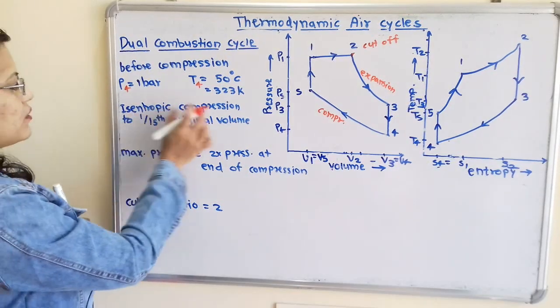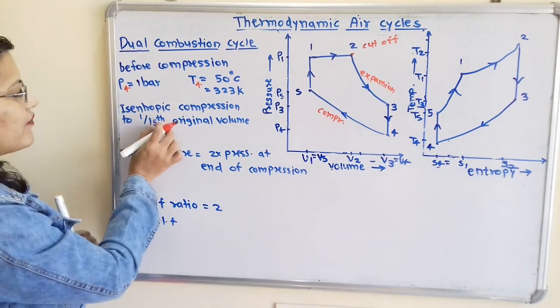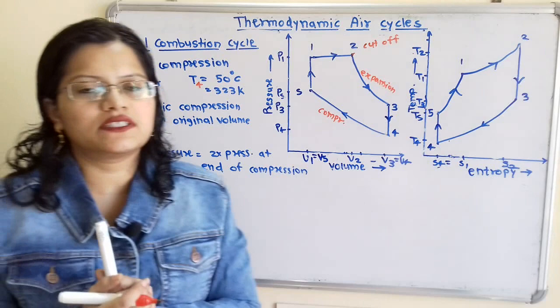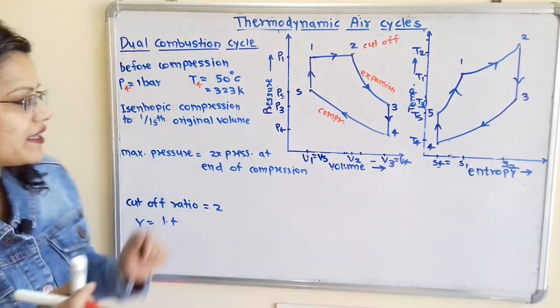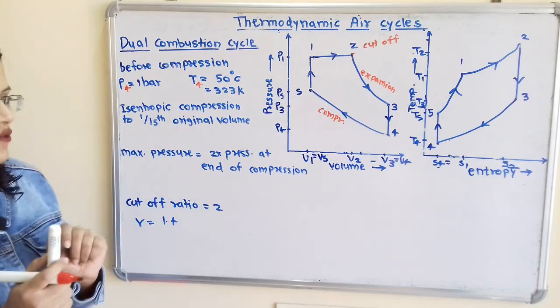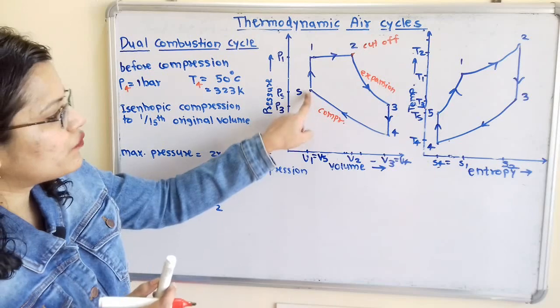Then isentropic compression is to 1/15th of its original volume. So this compression process is taking place in such a way that its volume will be equal to 1/15th of its original volume. So if we observe, after compression volume is equal to V5.